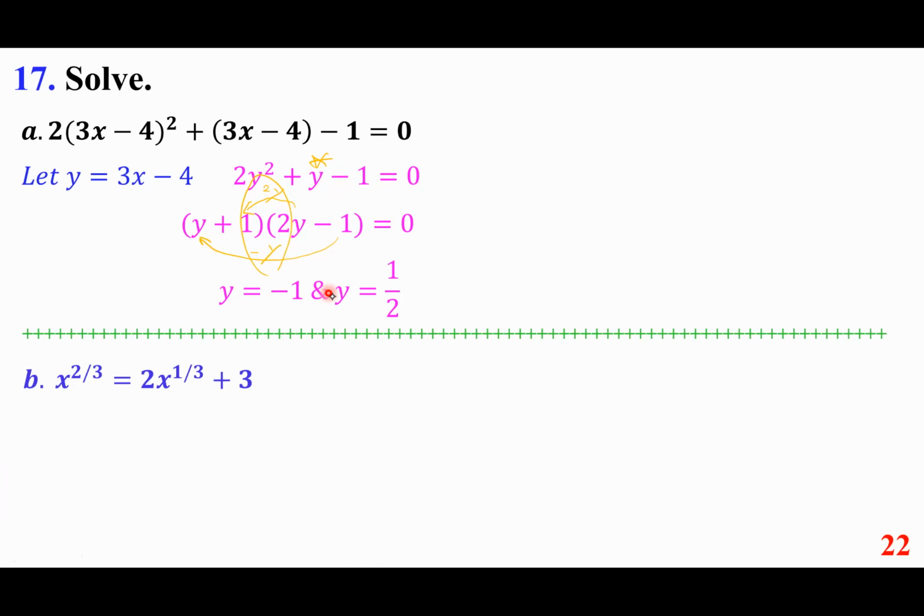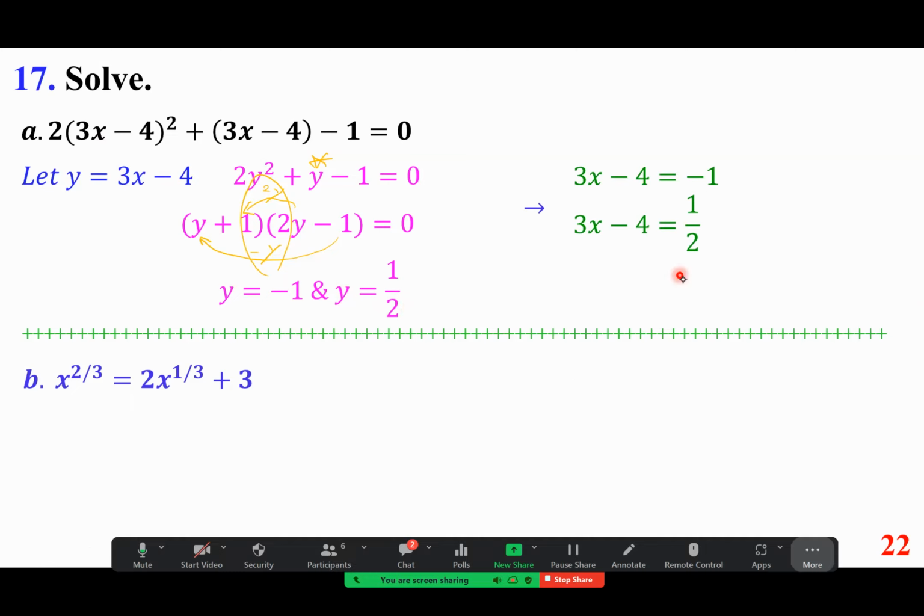Now, if we were solving for y, we would be done, but that's not what we're solving for. We're solving for x. So we let 3x minus 4 be those 2, and we solve the 2 equations. So 3x minus 4 is either minus 1 or 1/2.